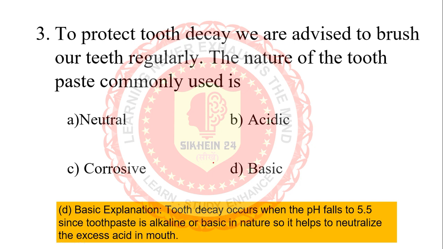So, why? Tooth decay occurs when the pH falls to 5.5. Since toothpaste is alkaline or basic in nature, it helps to neutralize the excess acid in the mouth. Right? So, next question.